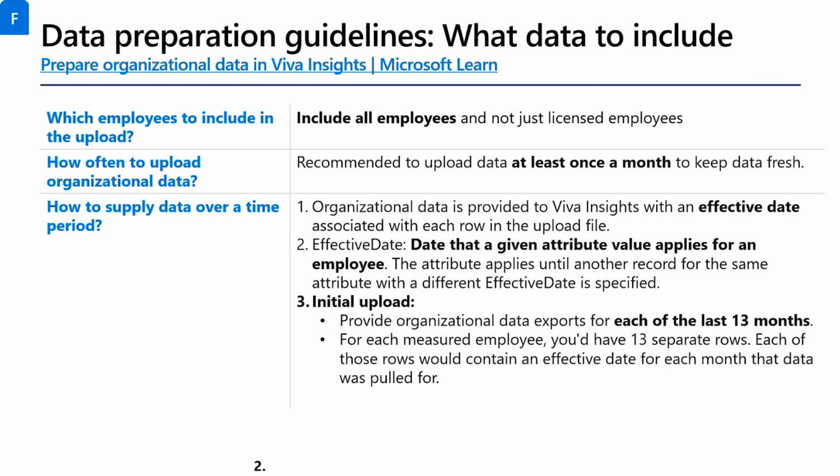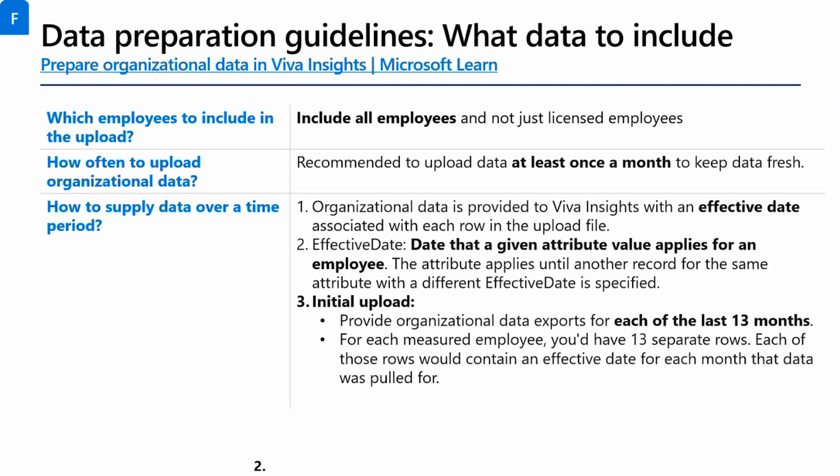So, how to supply data over a time period. One of the fields when you upload your org data file will be the effective date. The effective date essentially tells Viva Insights that these org changes, or this org data, is effective as of this date through the future until it's changed again.